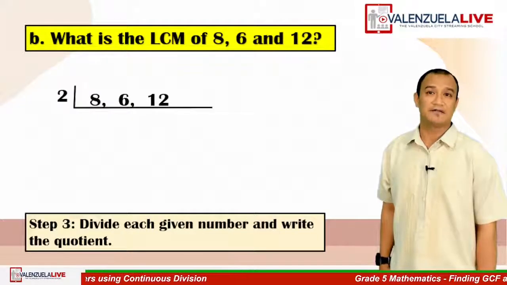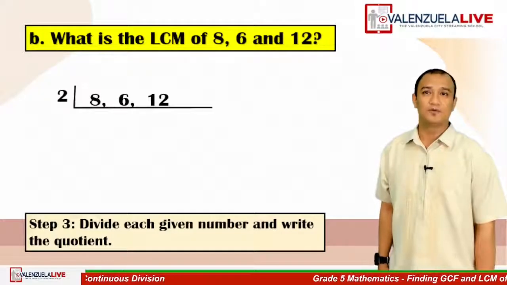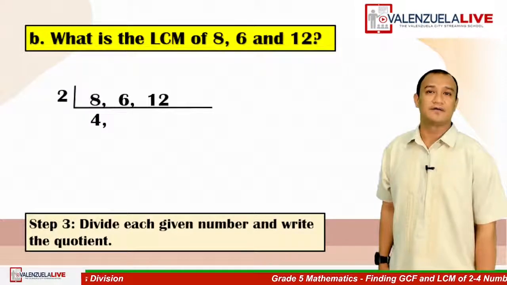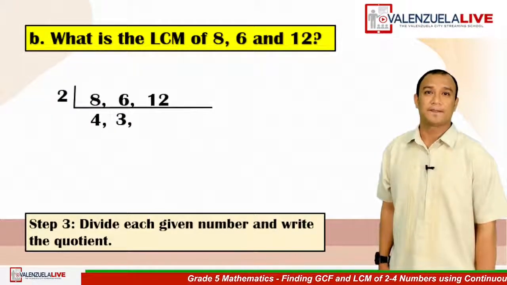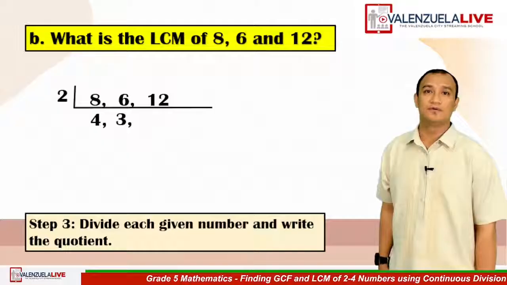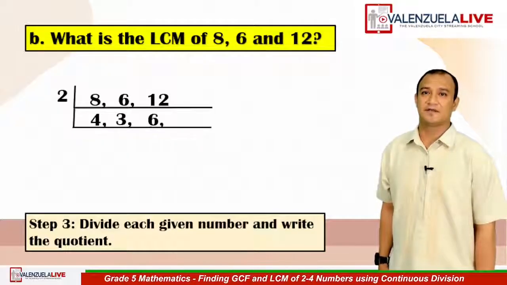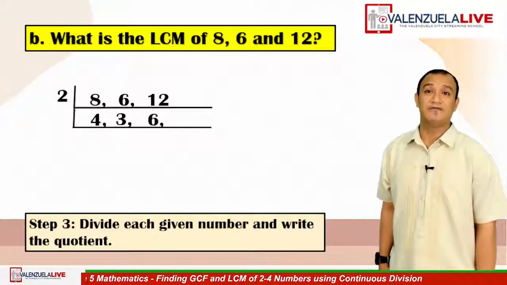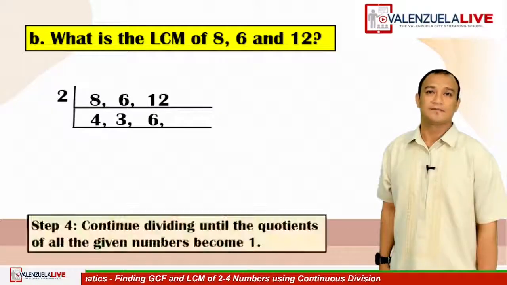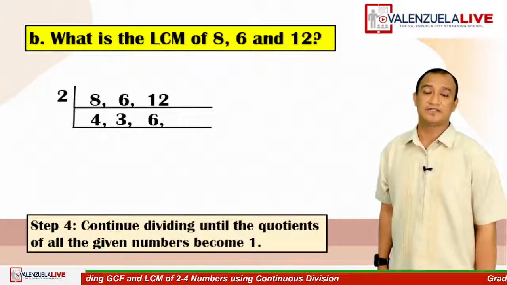So let's divide. 8 divided by 2 is 4. 6 divided by 2 is 3. And 12 divided by 2 is 6. Let's have another prime divisor. Okay, let's proceed to step 4.